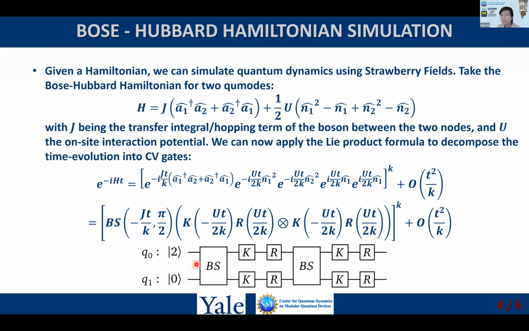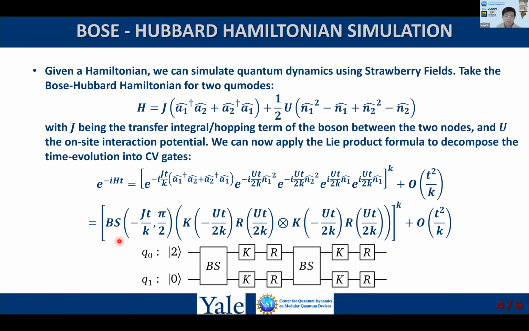It's also very important to note that the parameters for each gate in the circuit depend on the coefficients that appear in the Hamiltonian. As you can see here, J is the transfer integral or the hopping term, and U refers to the on-site interaction potential.